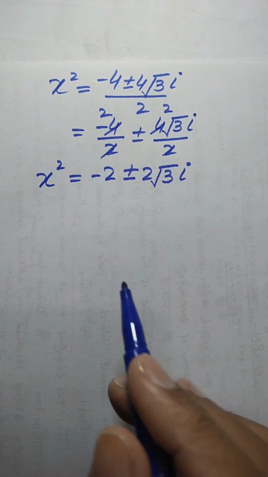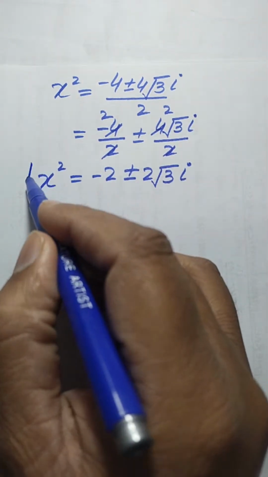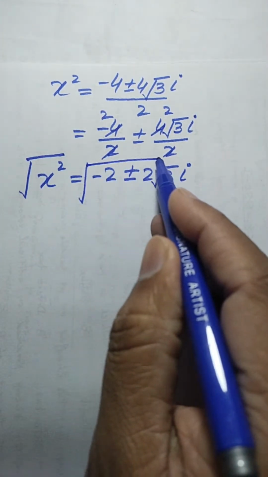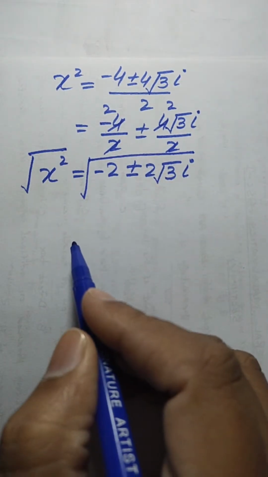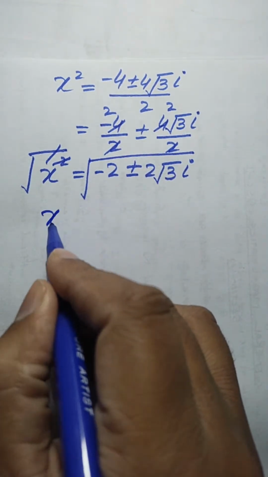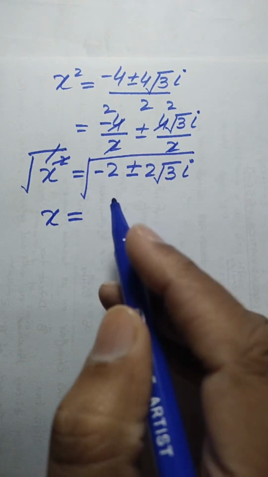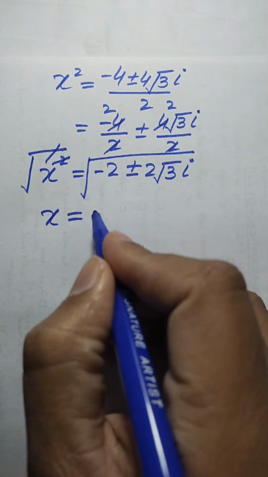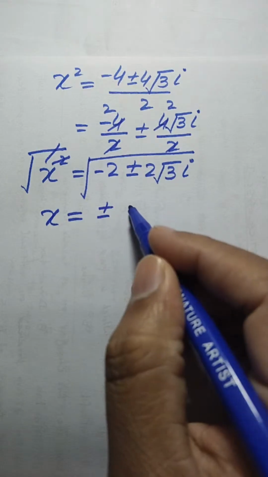And for the values of x, we need to apply square root on both of the sides, so that when we apply square root on both of the sides in this way, we get our final answer. And you see here, this square and this square root are gone, and we get x is equal to, further you see here we apply square root on both of the sides, so this means that we need to write a plus minus sign on any one of the sides.